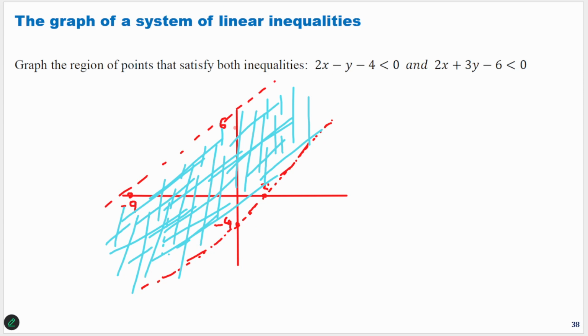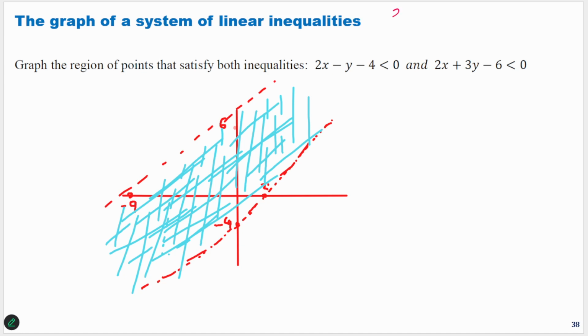All right, thank you. And let's have a look at this question together. Again, we need to consider corresponding lines. So first of all, I like to convert both of the inequalities by separating the x and y.